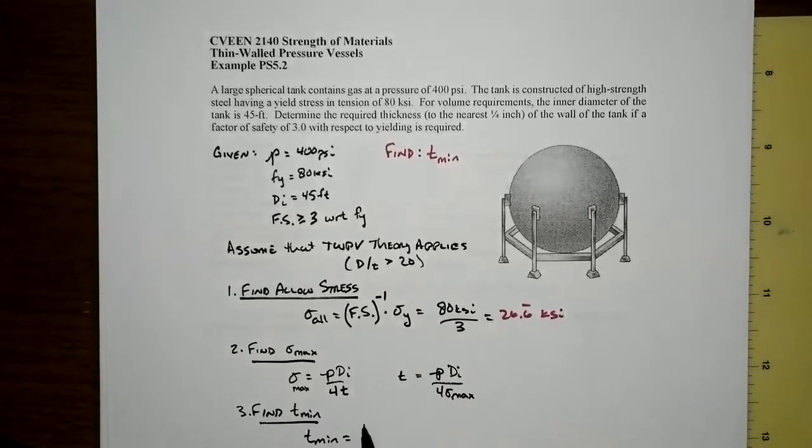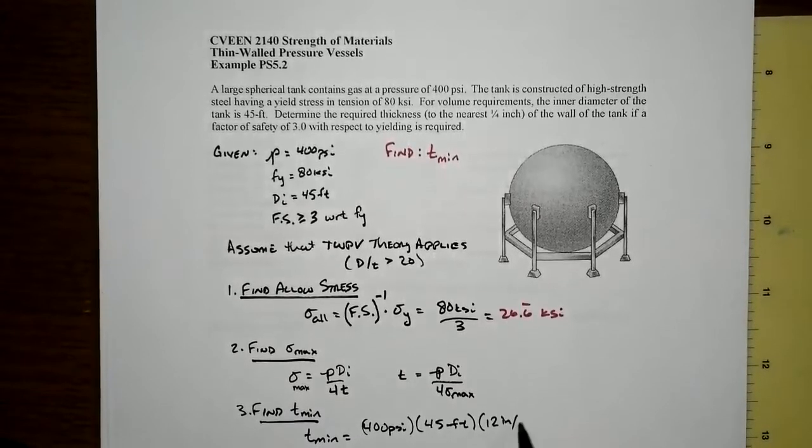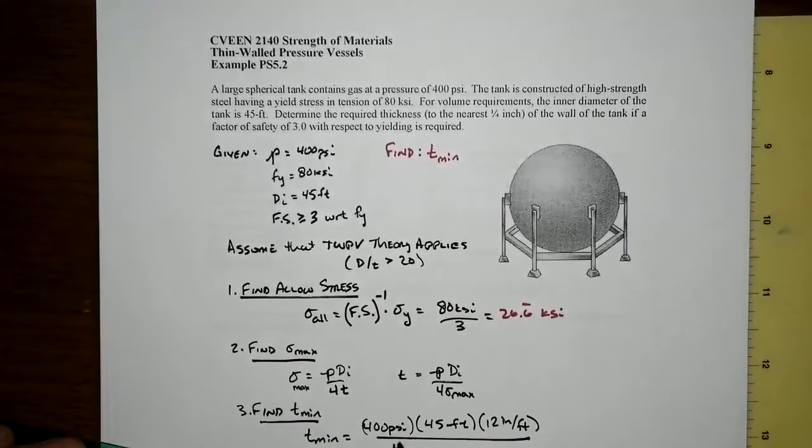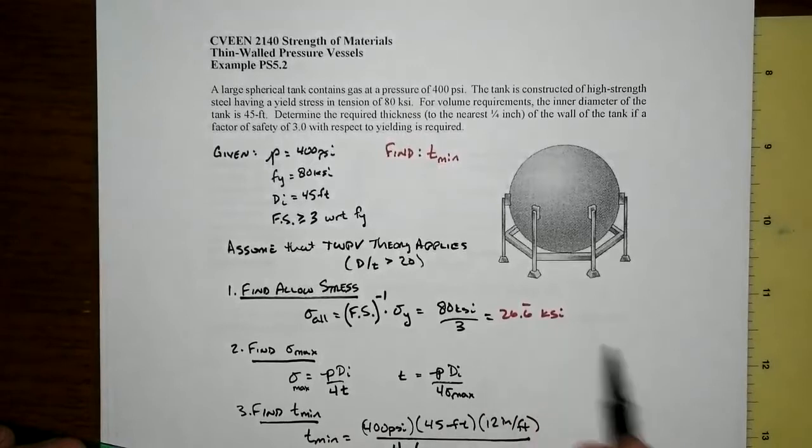That will equal our 400 psi times our internal diameter, 45 feet. Let's get that into inches. And then divide that by 4 times 26.6 ksi, so times 10 to the third psi, right?